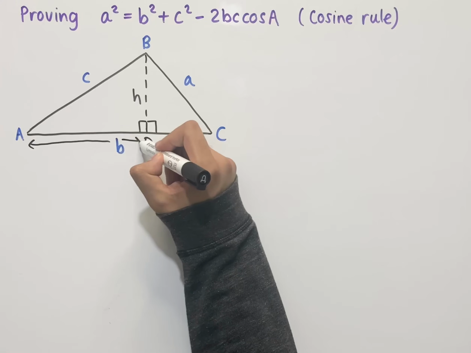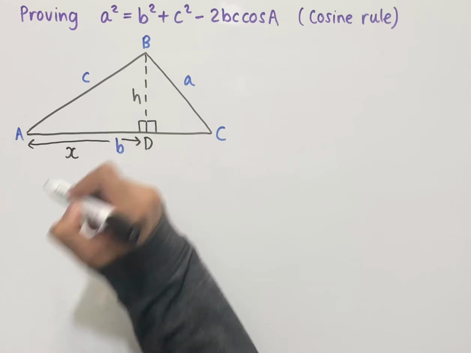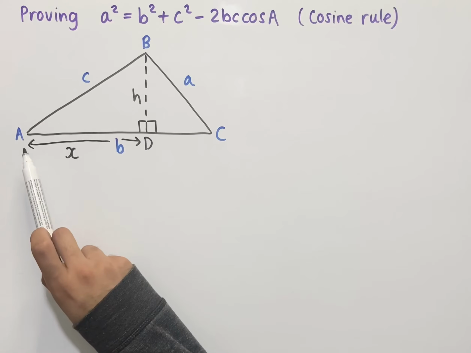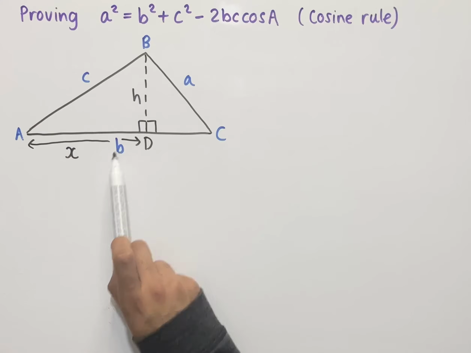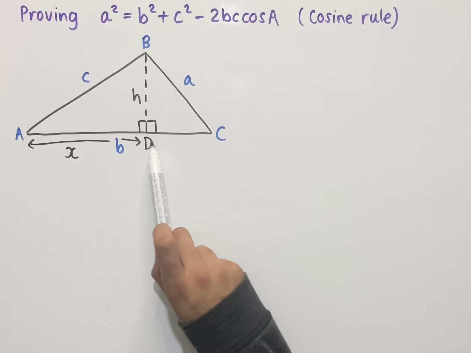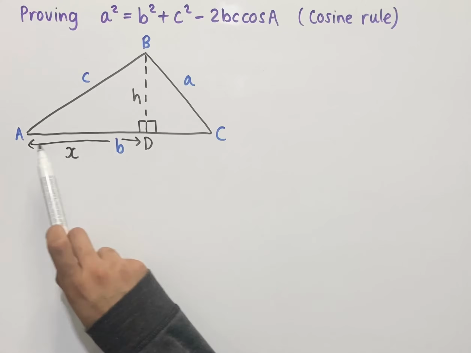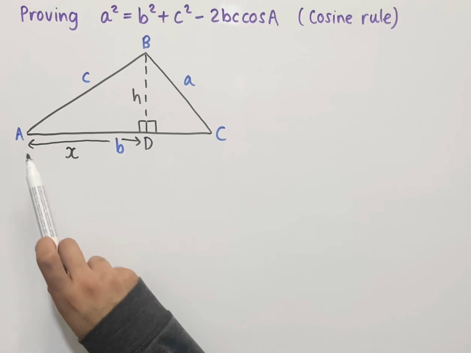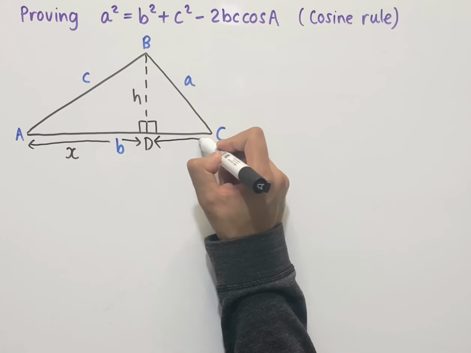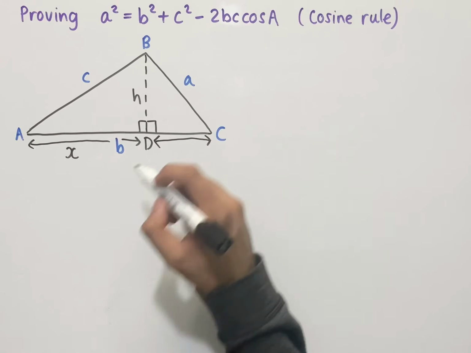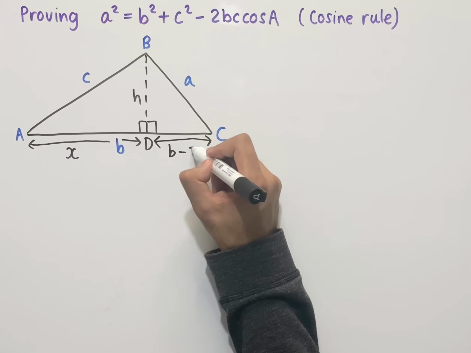So this full length here we're going to label as lowercase x. If the length from A to C is lowercase b, then the length from D to C is going to be that full length minus the length from A to D. In other words, as an expression, D to C is equal to b minus x.